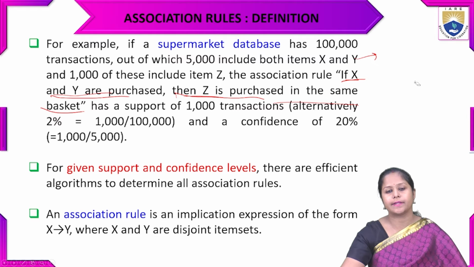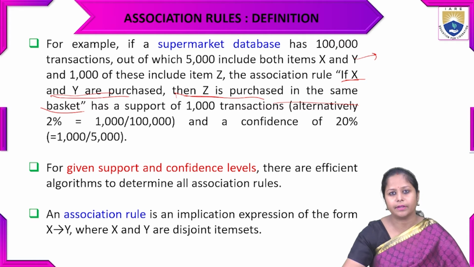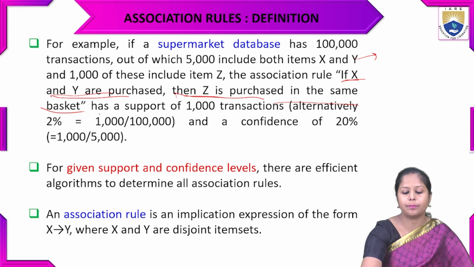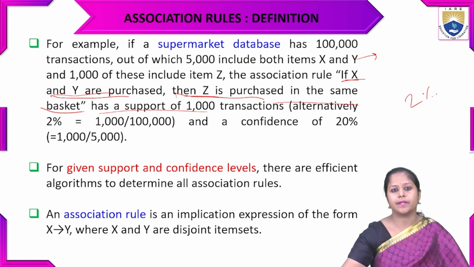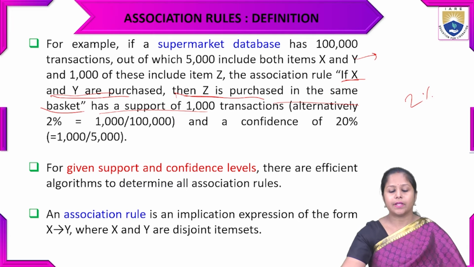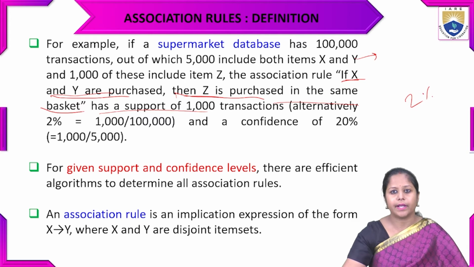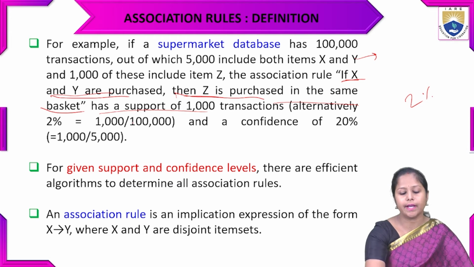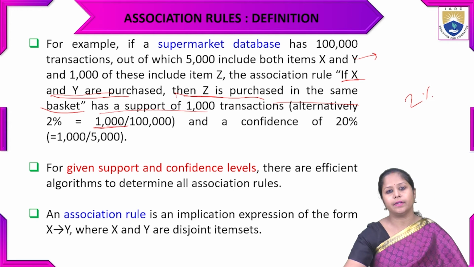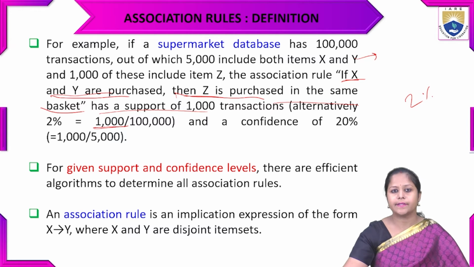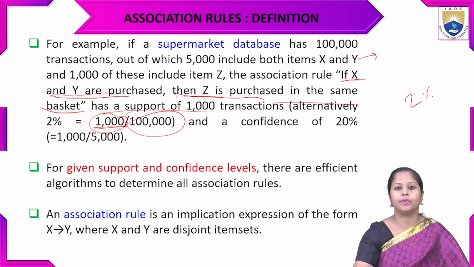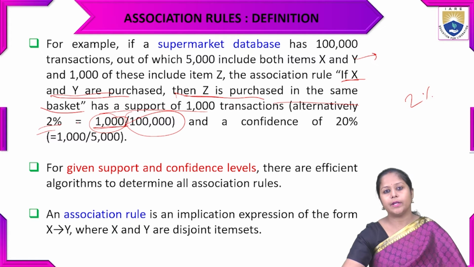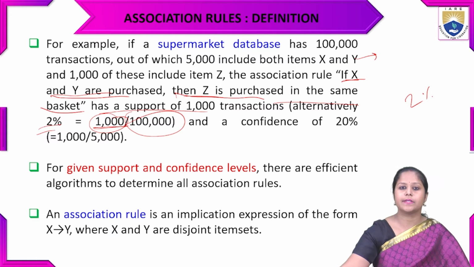If X and Y are purchased by one customer, that has a support of 1,000 transactions, which is 2% of the total of 1 lakh transactions. That is how we calculated it: 1,000 occurrences of the items together out of 1 lakh transactions gives the support of 2%.